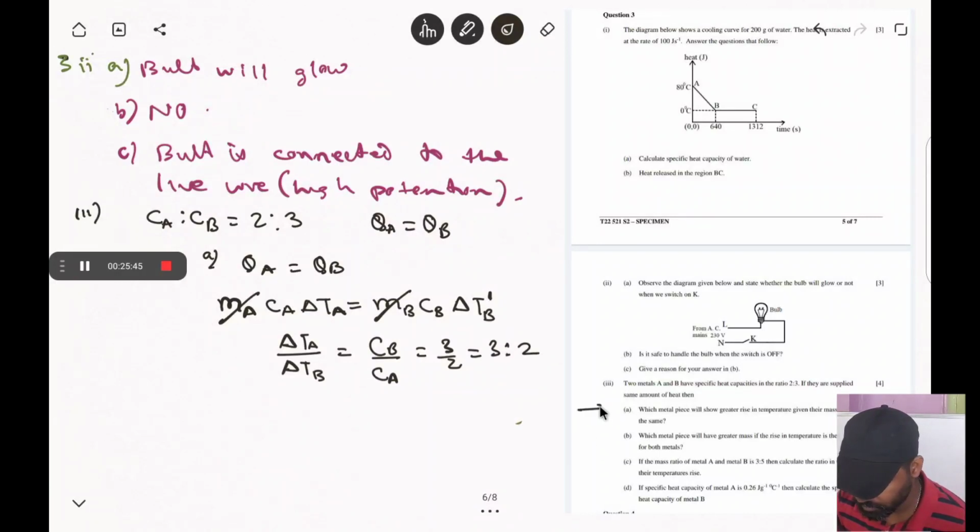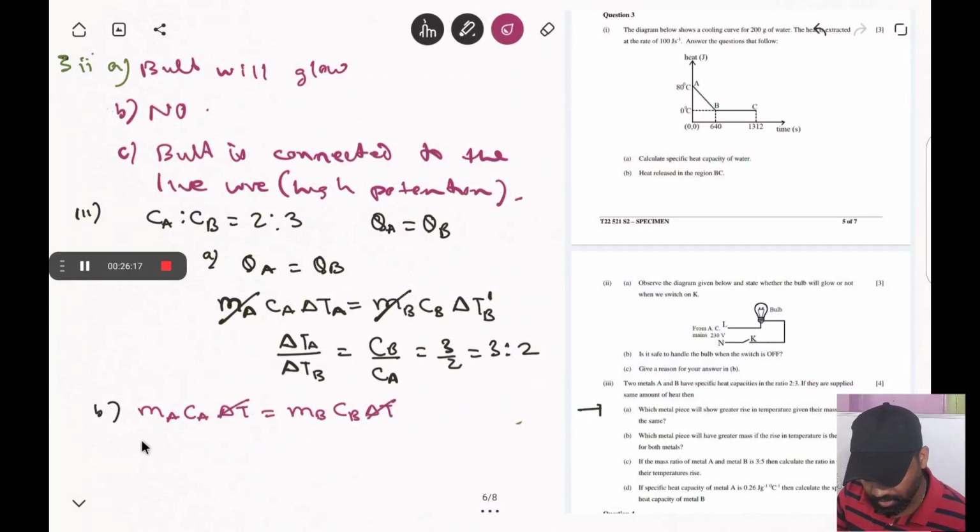Done? This is done. Number B. What they've said in number B, let us see. Which metal piece will have greater mass if the rise in temperature is the same for both metals? Same logic. Rise in temperature is same, which means MaCa del T is equal to MbCb del T. Del T is same.